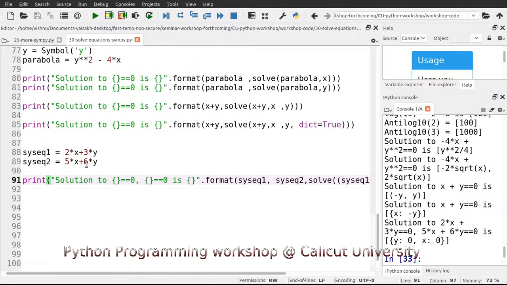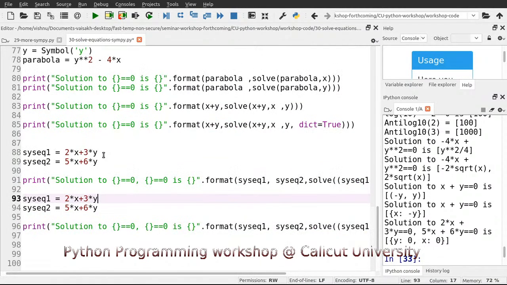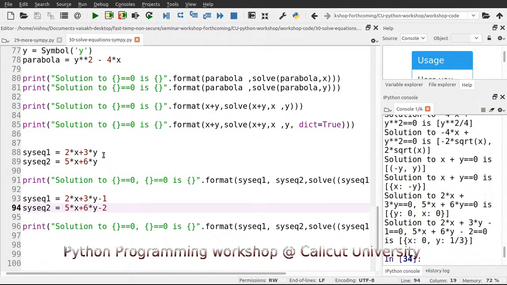Solution becomes equal to 0. Okay, let's try instead of this. Suppose we put 1 and minus 2. What will happen? It's giving solutions anyway: 0, 1 by 3, and minus 6, 16 by 3.